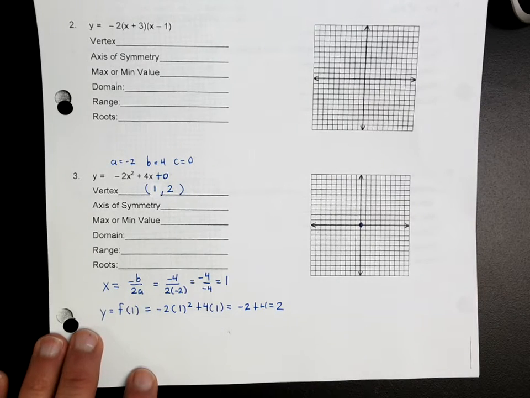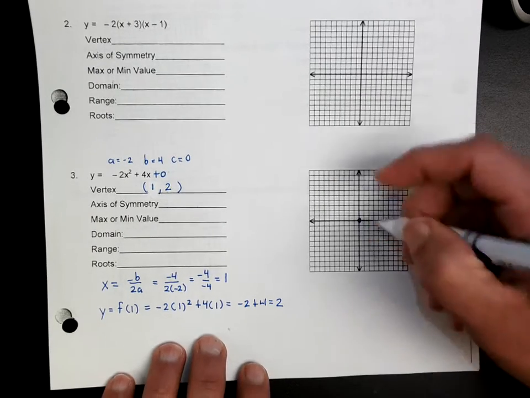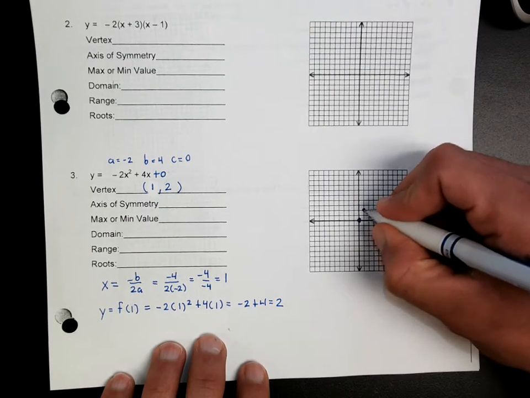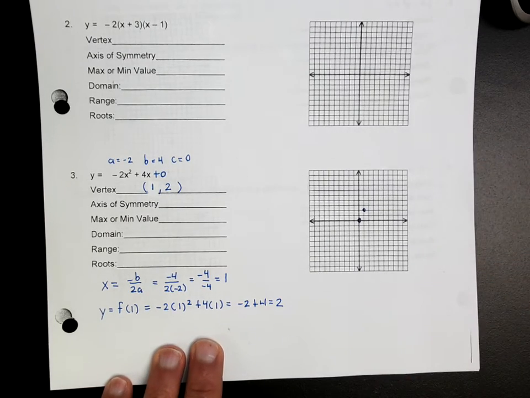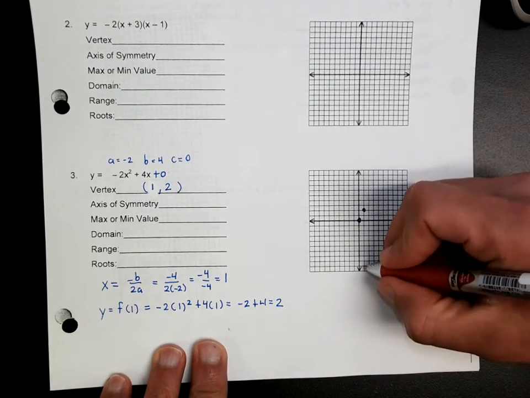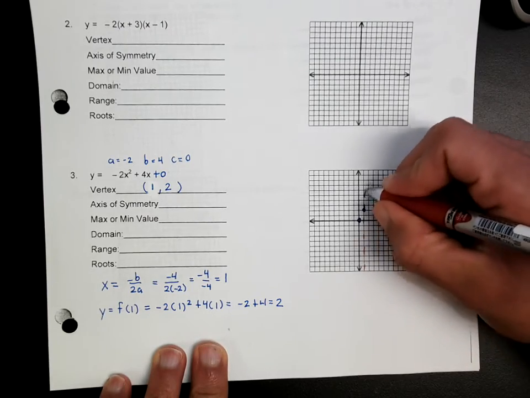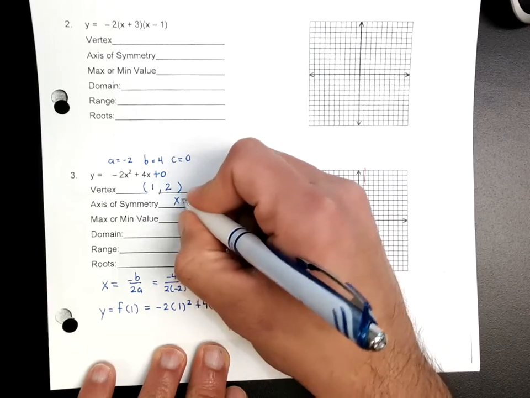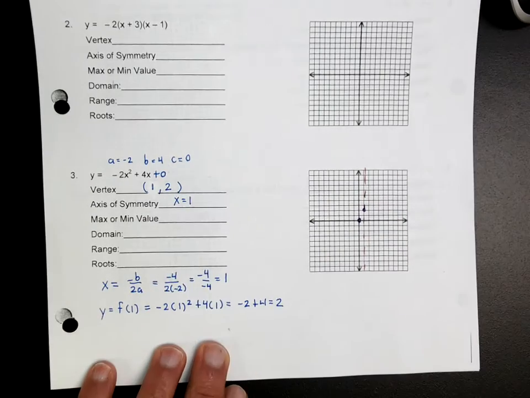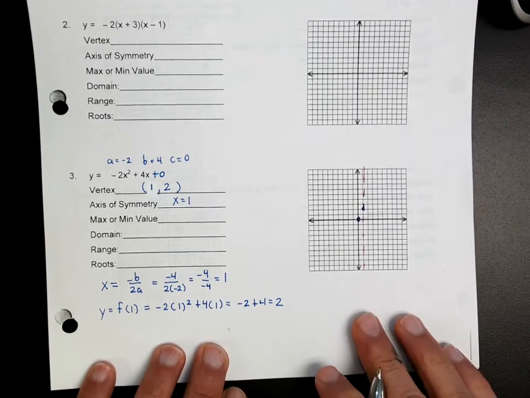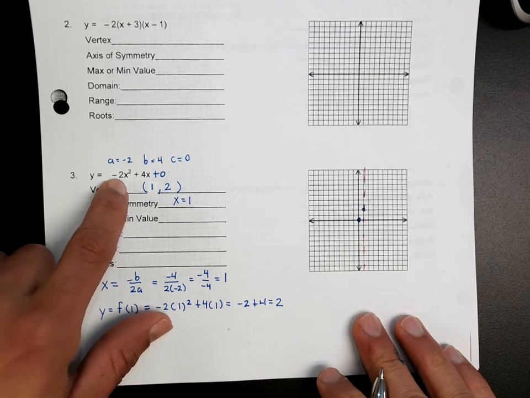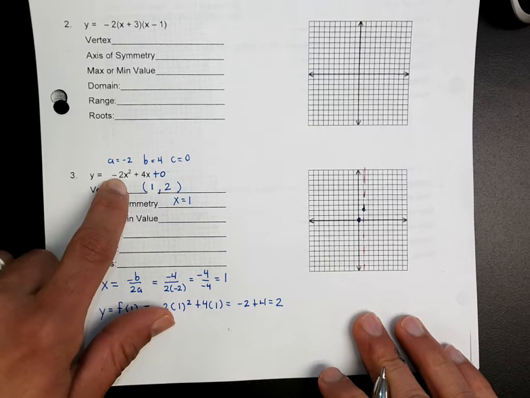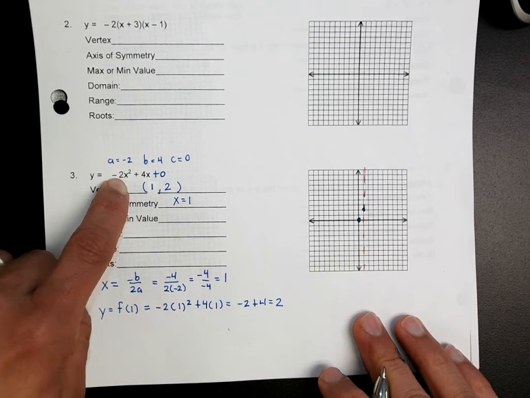Now that I have that, I can plot my vertex here. My vertex is located right here, and remember that this is my axis of symmetry that runs right through that. So my axis of symmetry is x is equal to 1. Now, to fill out the rest, if you look at this, this is being reflected, and it's also being stretched by a factor of 2.